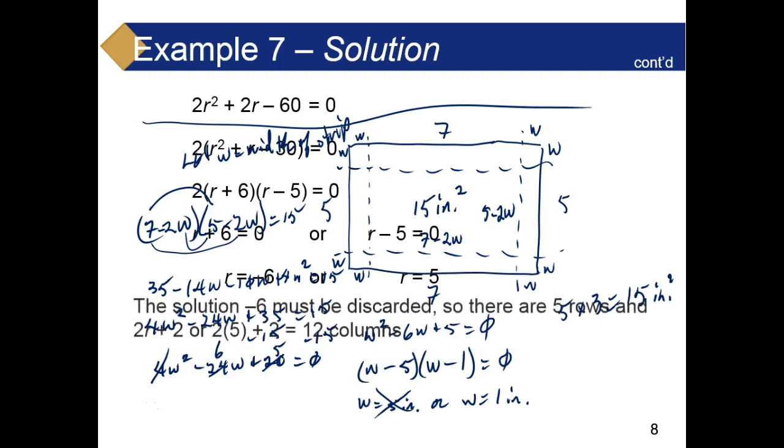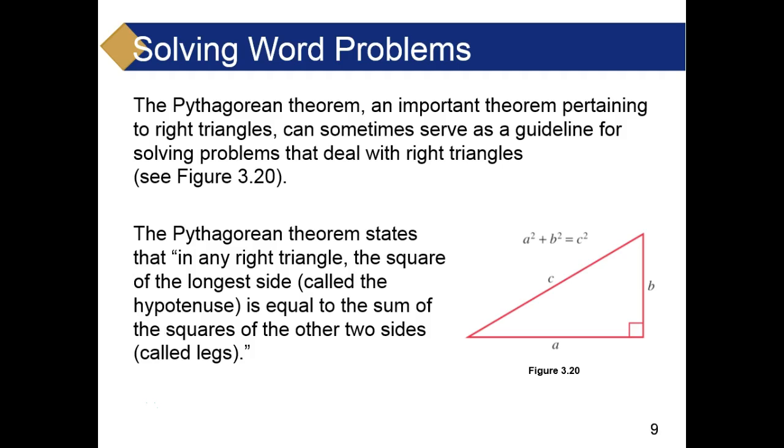We've already done that. So here's another type of word problem you have. Anyone ever heard of this guy? Pythagorean theorem. And by the way, Pythagoras would be a good paper topic. Who in the world was he? How did he develop the Pythagorean theorem? Is he the only one to develop it?